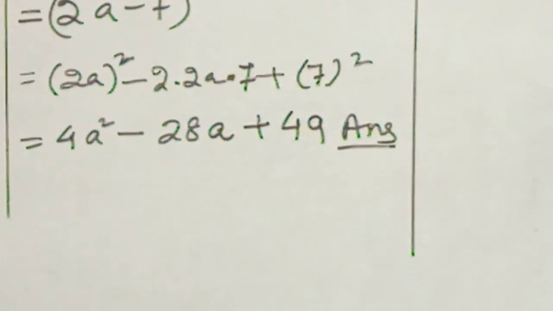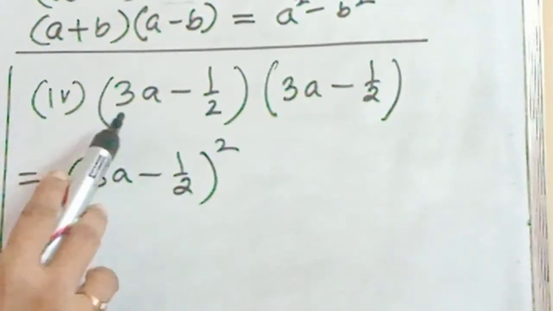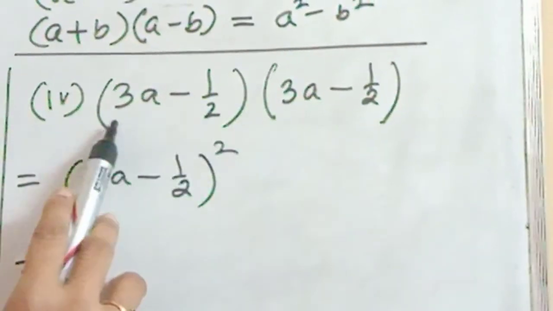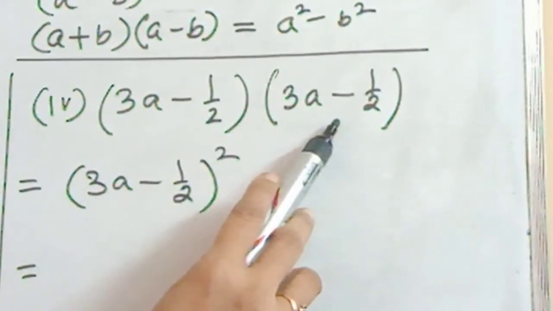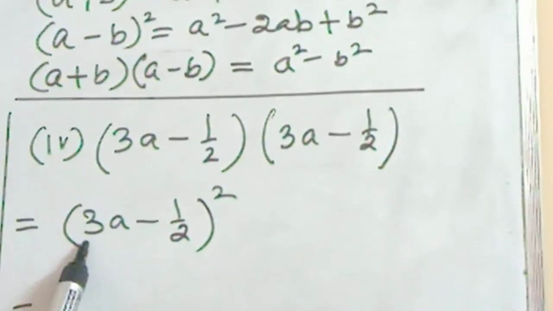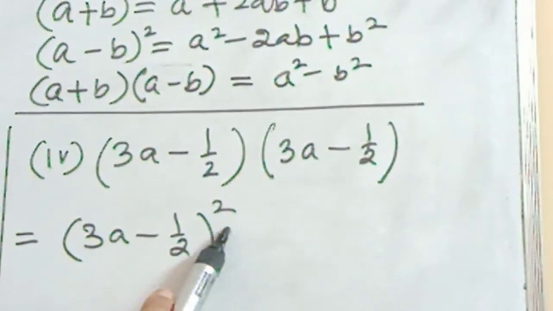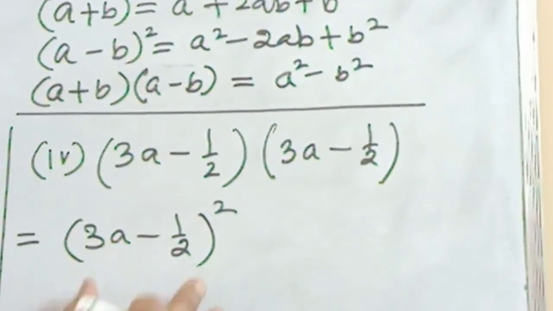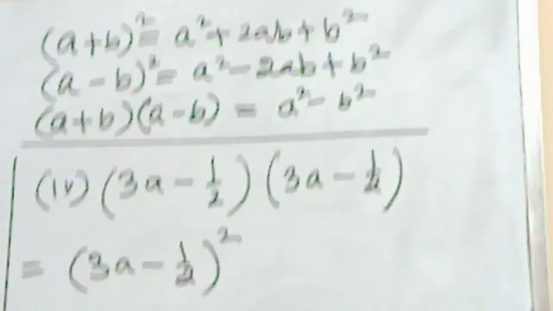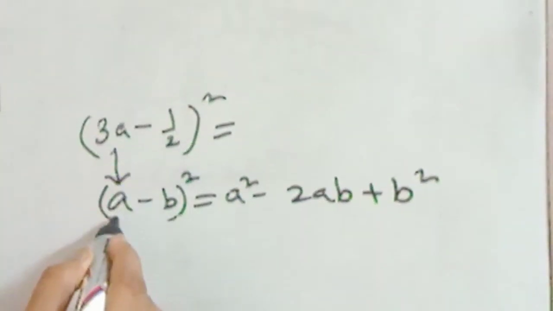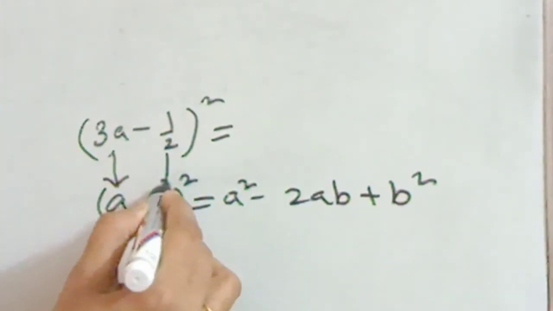Come to the next sum. Question number 4. 3a minus 1 by 2 into 3a minus 1 by 2. You can see that same binomial 2 times. So we can directly write 3a minus 1 by 2 whole square. So it resembles a minus b whole square. Here we can consider 3a as a and 1 by 2 as b.